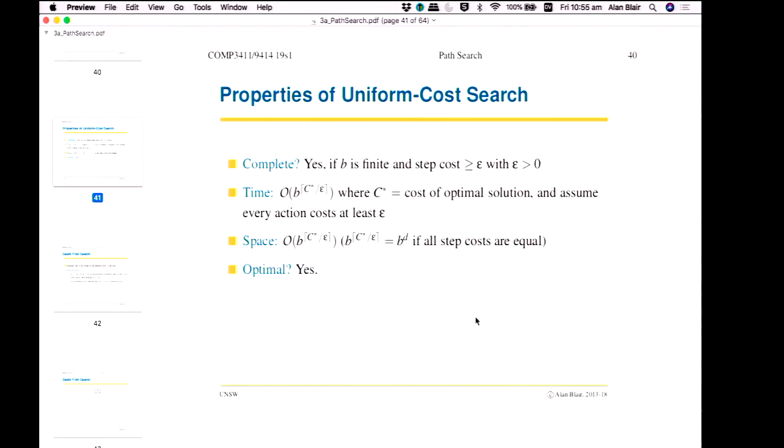Look, let me come back to your question, because I'm going to show you some Prolog code for implementing these algorithms.